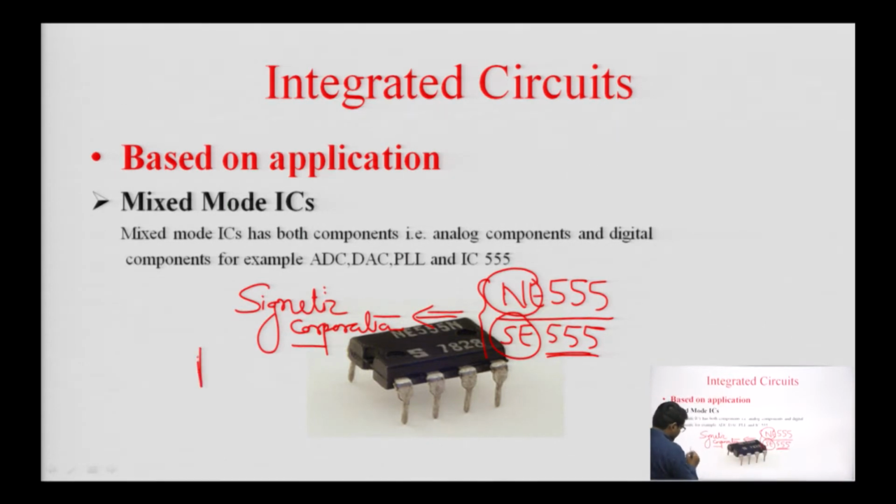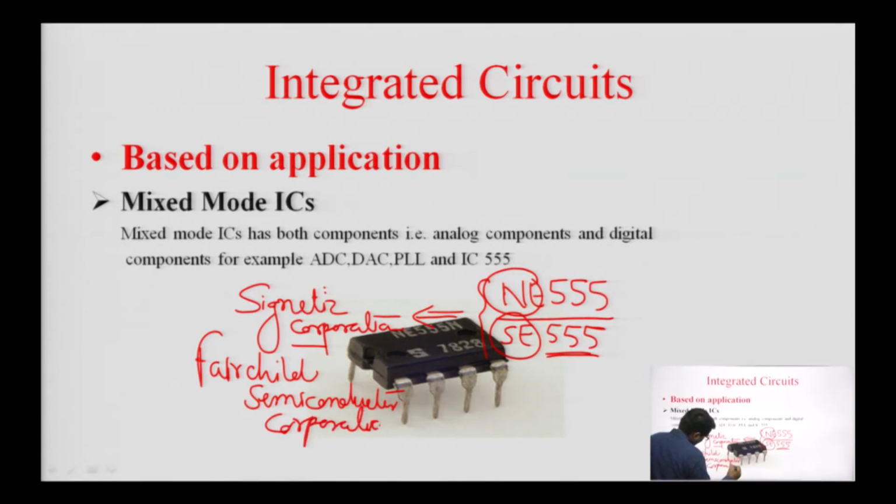Suppose that Fairchild Semiconductor Corporation made an IC. For ICs made by Fairchild, we give the name mu A, micro A. This is the name which defines that this IC is made by Fairchild Semiconductor.